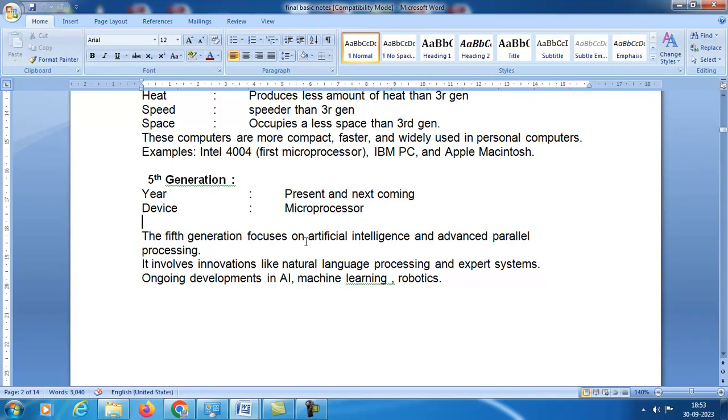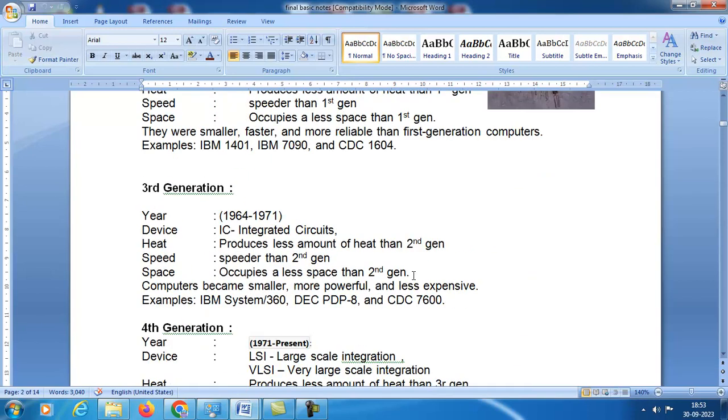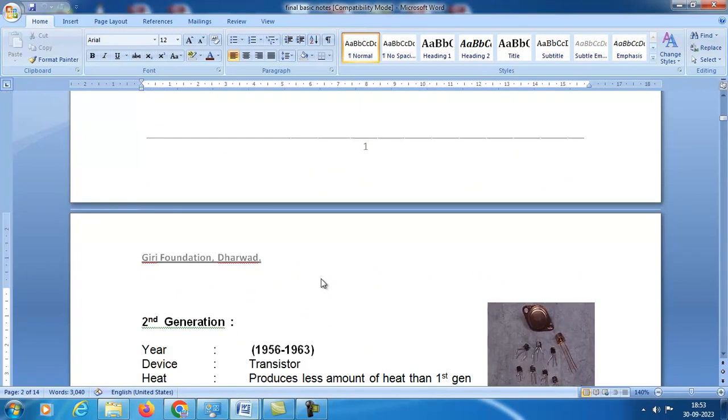The fifth generation focuses on artificial intelligence and advanced parallel processing. It involves innovations like natural language processing and expert systems, and ongoing developments in AI, machine learning, and robotics. This is the generations of the computer.